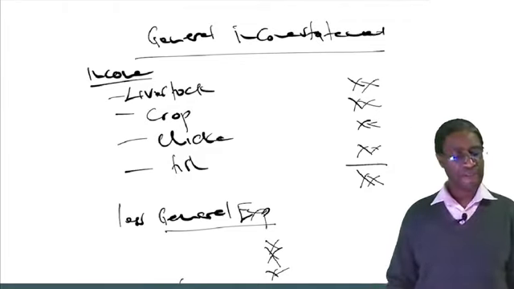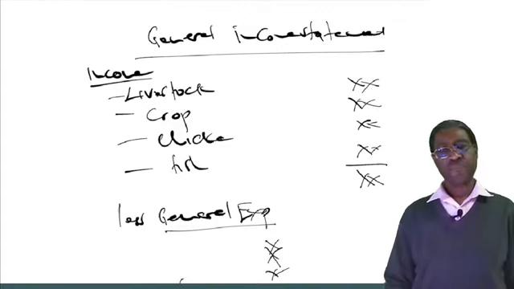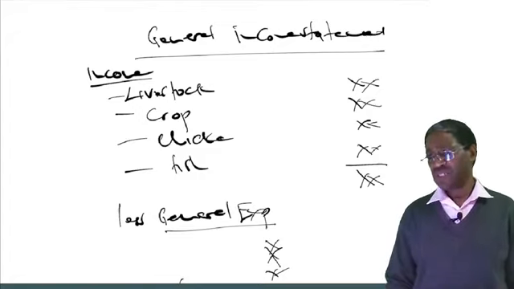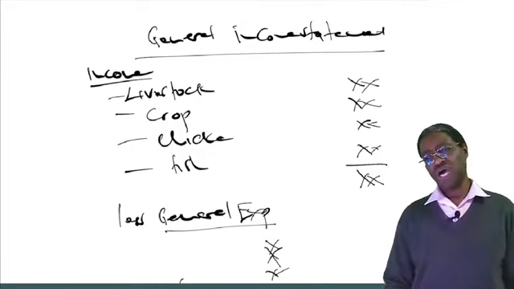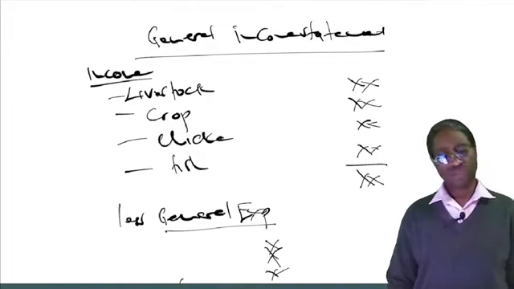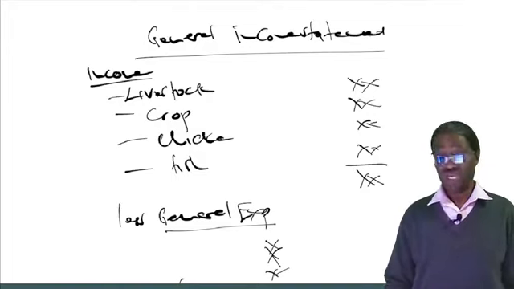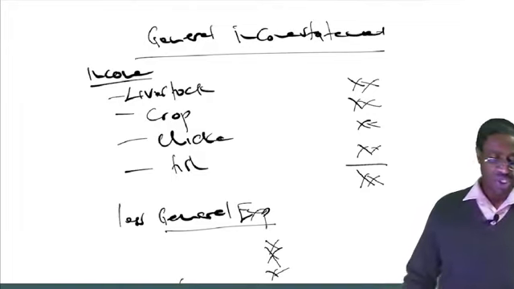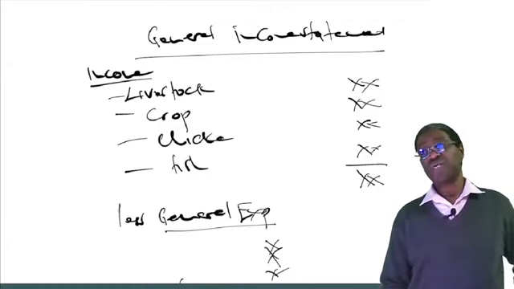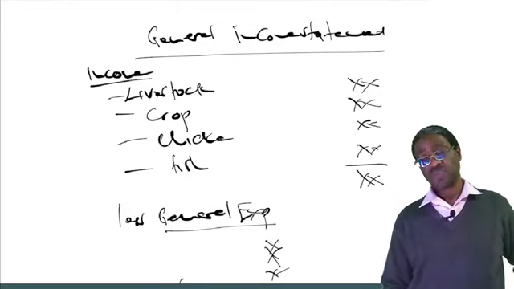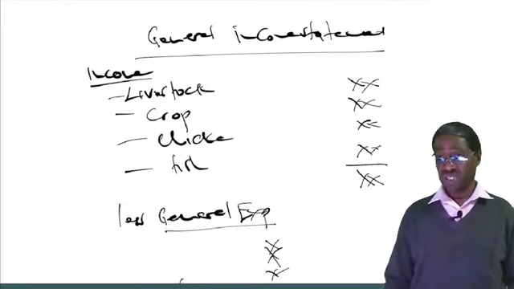Another dash: all other expenses should be shown in the general income statement.